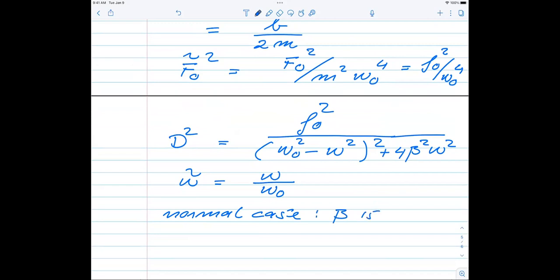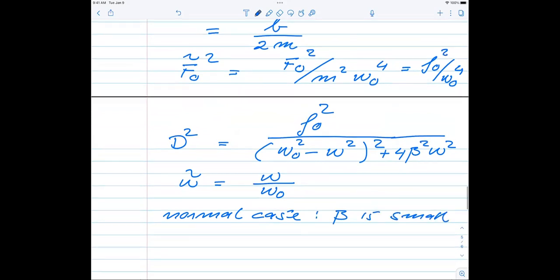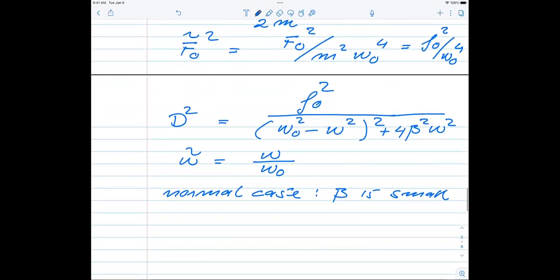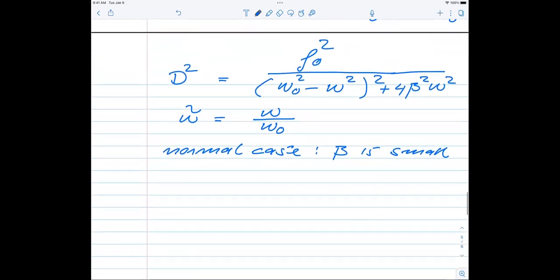Beta is small because we are dividing the friction dependent constant by the mass of the object, and it's a normal assumption in most actual cases that it's a small parameter. Then depending on the value of omega 0 and omega, we can get a value of D which can look like this.